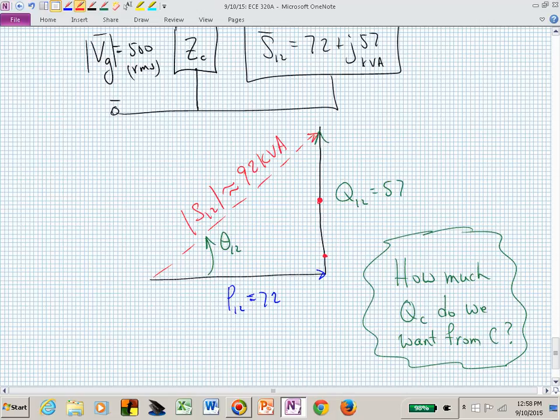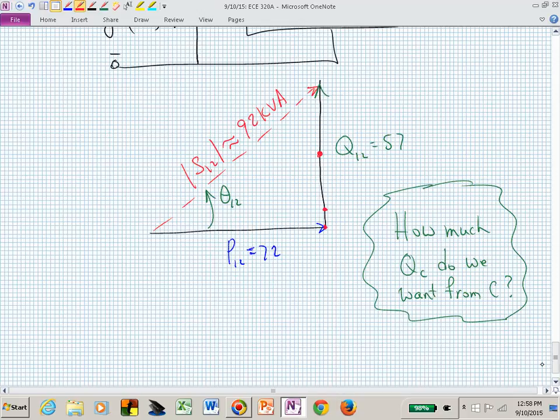How much is that going to cost us in terms of a capacitor? What we are going to do actually is we're going to bring it all the way to 0. Just for illustration, but you wouldn't have to. Is that clear? Now, how do we bring it all the way to 0? What's Q sub C going to have to be to bring the total Q, when we have the load 1, 2, and the capacitor in play, and we want the reactive part of all three to be 0?